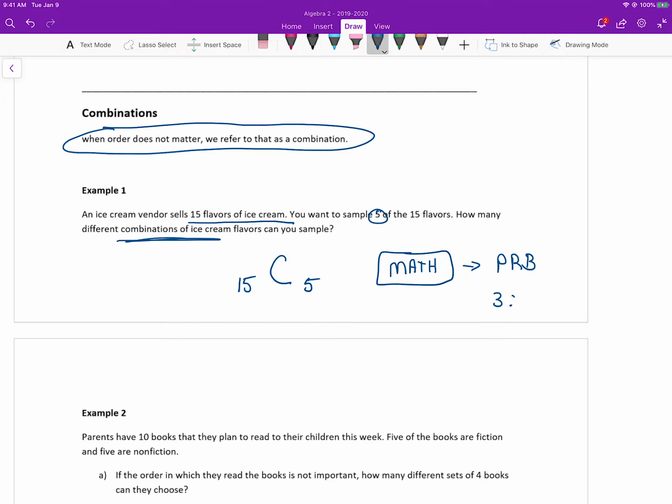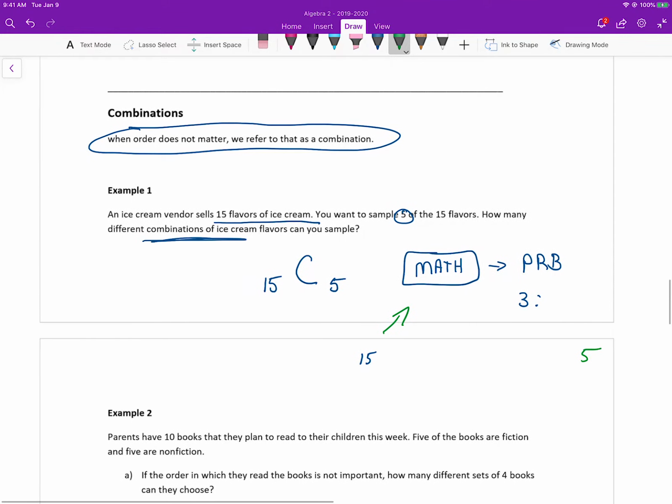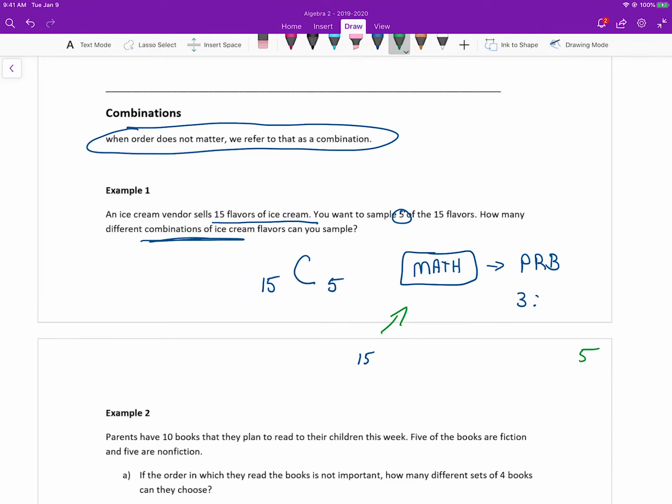Depending on your calculator, most likely you have to put the 15 in first, then do all of this, then put the 5. And just to make sure you're getting the right answer, we should get 3,003. That's how many combinations we can sample.